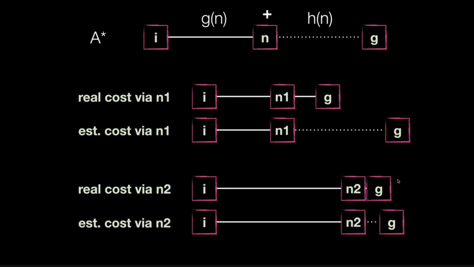But if we do the same for this example where there's a short path length, we can see that node 2 looks better than node 1 because the combined distance is smaller. But in reality, node 2 is much worse than node 1. So this just shows you what happens if you incorrectly overestimate your heuristic. Your algorithm is no longer optimal. You can no longer return the optimal solution.